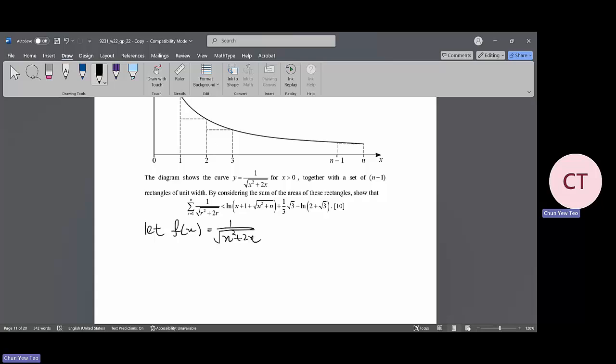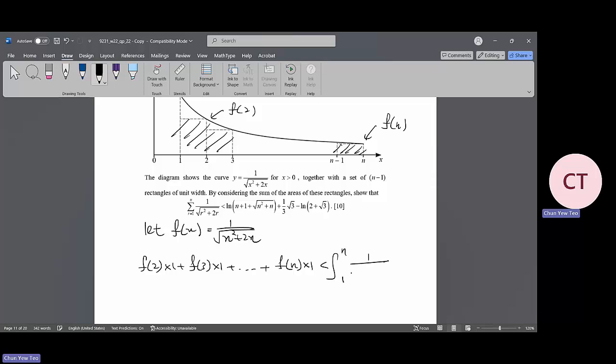In order for the area of the rectangles to be lower than the graph, you need to choose this as your f(2), starting from f(2) and ending at f(n). So you just start from f(2) multiply 1 plus f(3) multiply 1 plus until f(n) multiply 1. It will be less than the integration of the function itself from 1 until n.